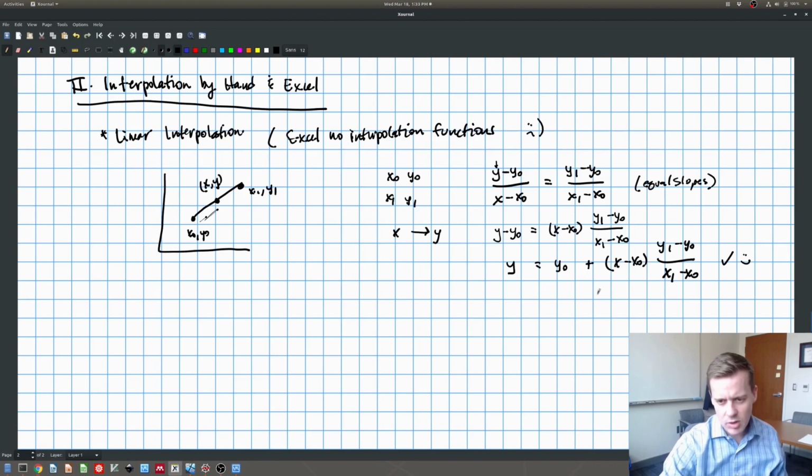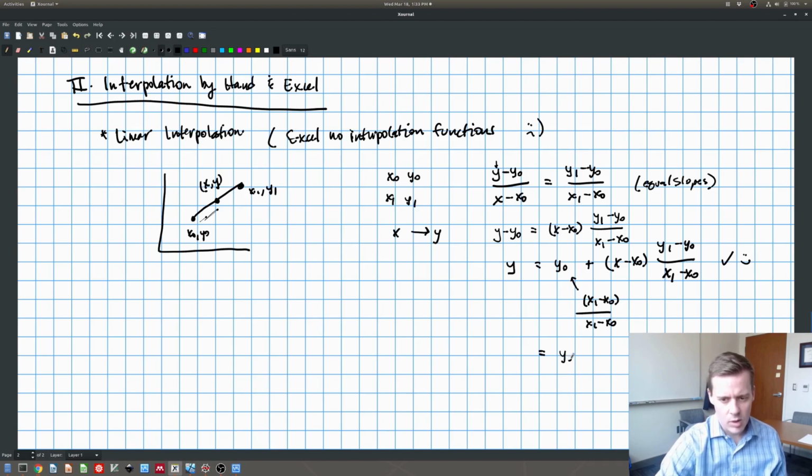But people often rewrite this by multiplying this guy here by a quantity of 1, which is x1 minus x0 divided by x1 minus x0. So I can do that. This is algebra. I'm just going to multiply that in there. Now I have y0 times x1 minus x0. Notice that that has the same denominator.